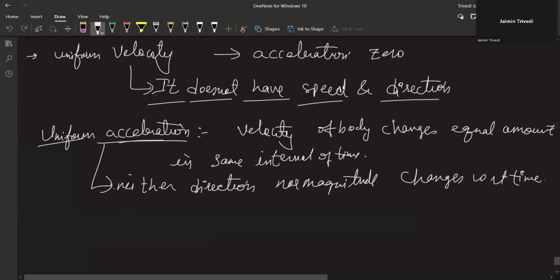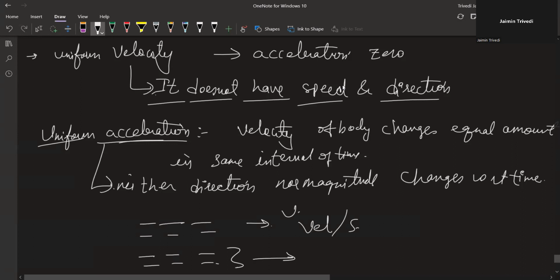That means velocity is changing with the same interval of time. First we saw change in distance, equal distance in equal time, gives you uniform velocity or uniform speed. Now changing velocity in the same time interval gives you uniform acceleration.